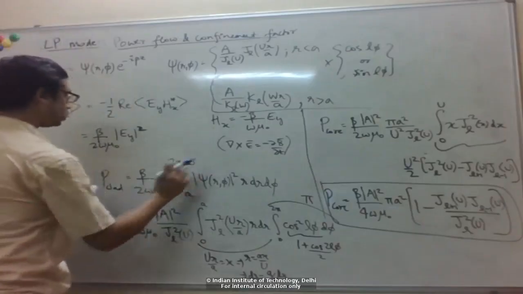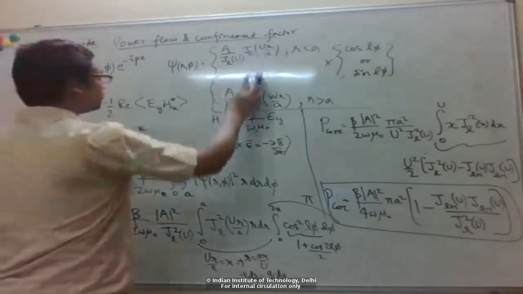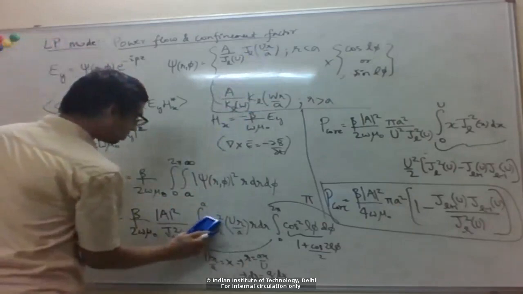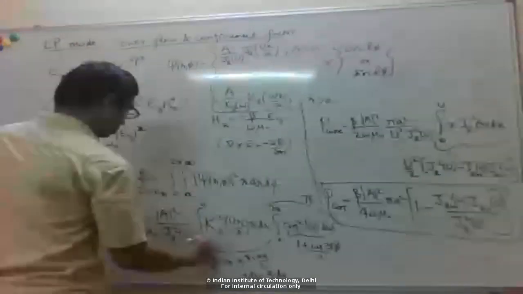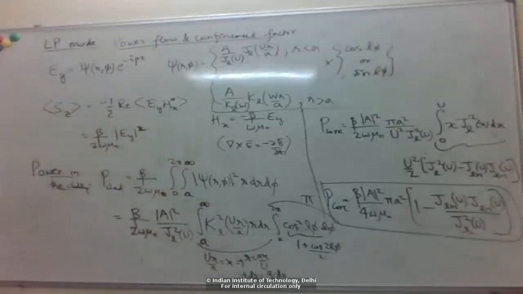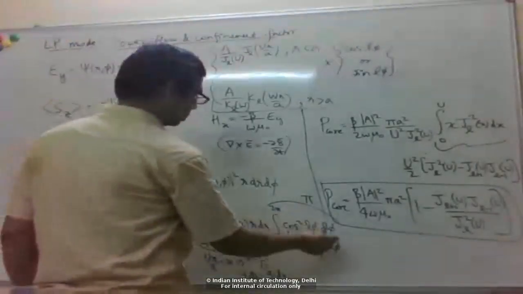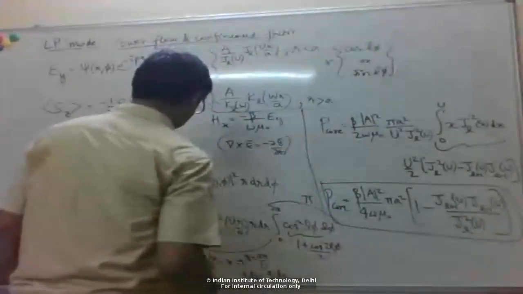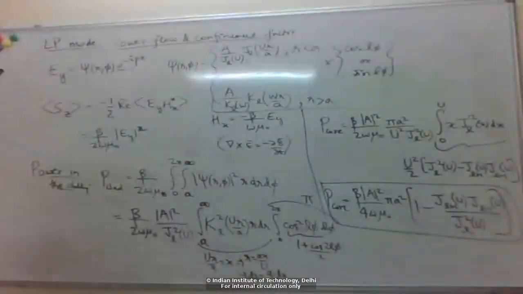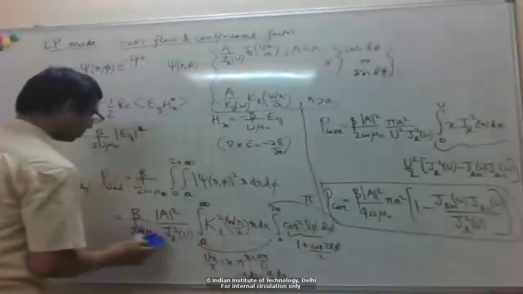And in the expressions that we use, instead of J, now we have K. Again, the integral for the angular coordinate gives me pi, same thing.